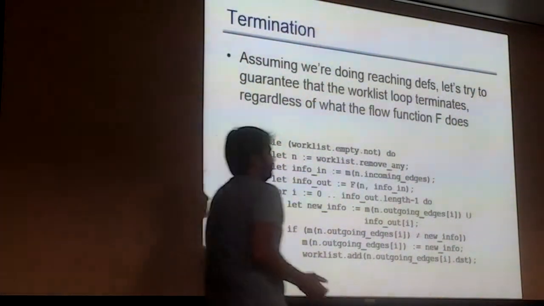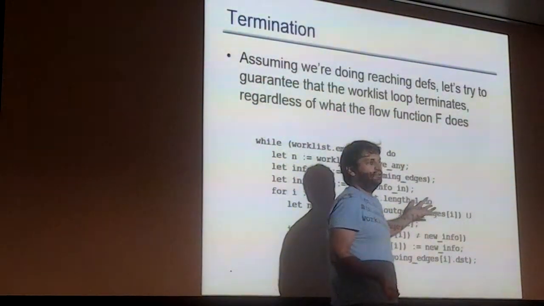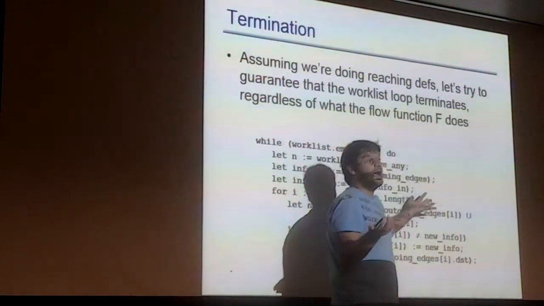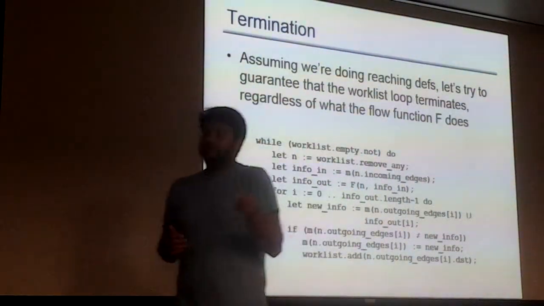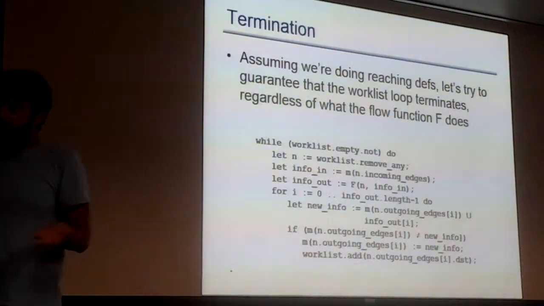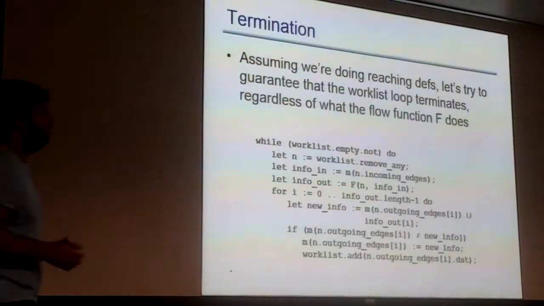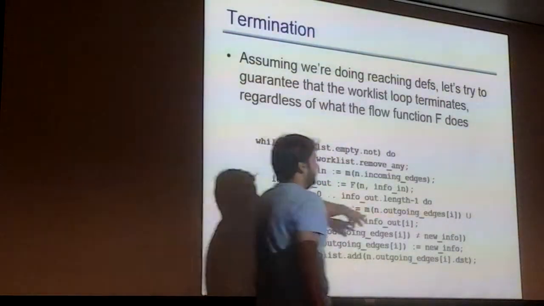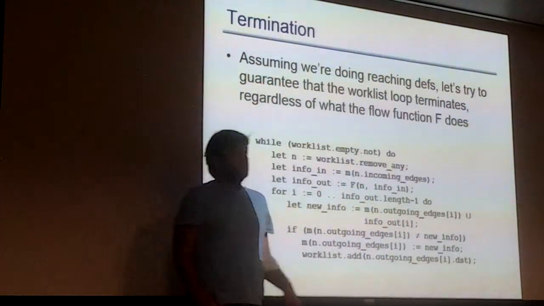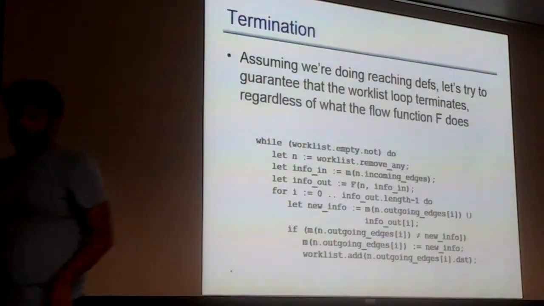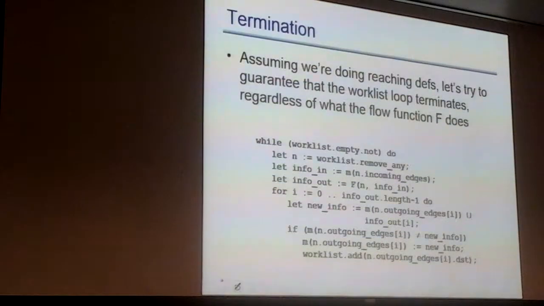But what if we want to compute something that's not a set? What if we want to compute something different, let's say a map, or at every edge in the control flow graph some information that may not be a set, something totally different? This union is weird because it introduces into this generic algorithm the particular domain that we use in reaching definitions.